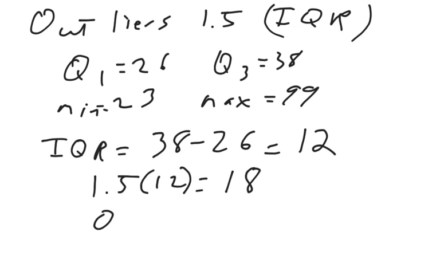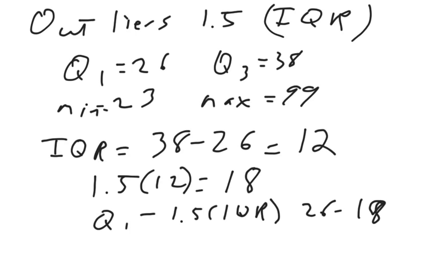So when I do Q1 minus 1.5 times the IQR, which is 26 minus 18, I get a number of 8. This is lower than my minimum, so 23 is not an outlier.